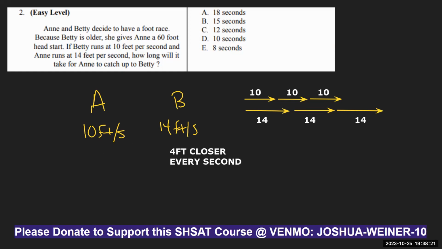But the writer said that, since they know Anne is slower when it comes to running, they'll give her a 60-foot head start. So what we'll do now is say 60 feet divided by 4 feet per second is 15 seconds.